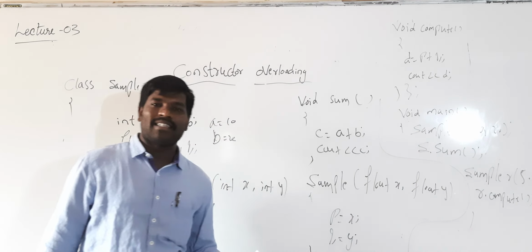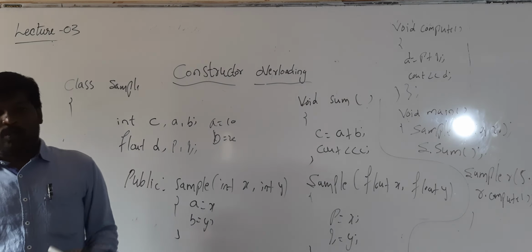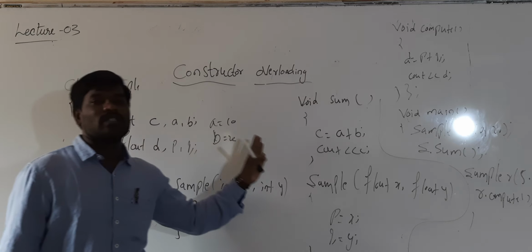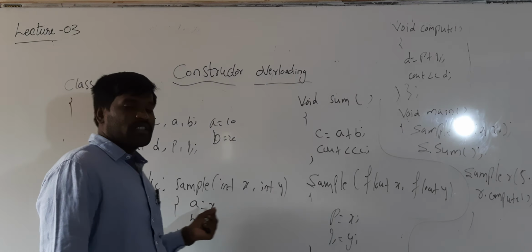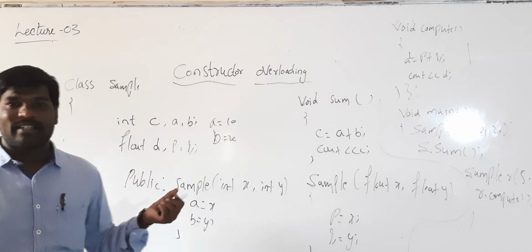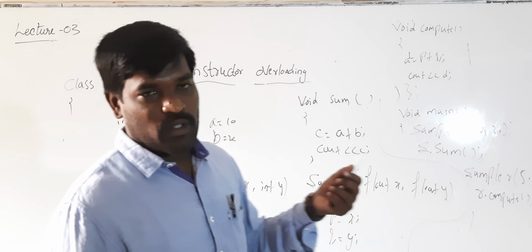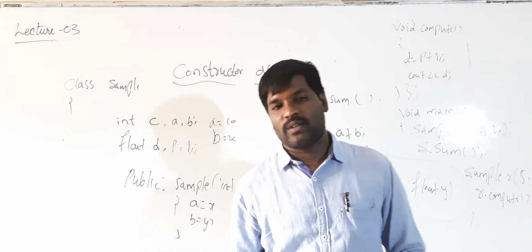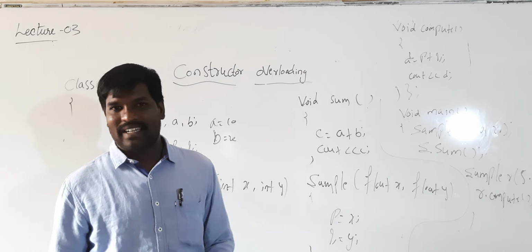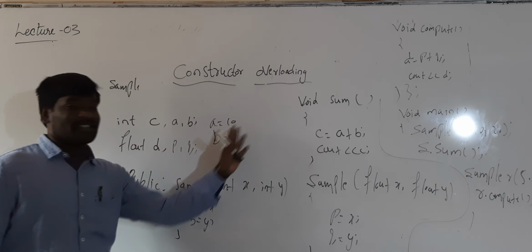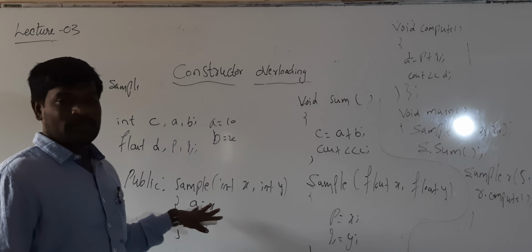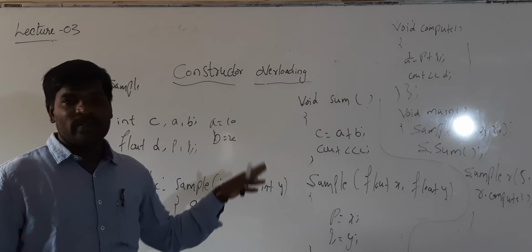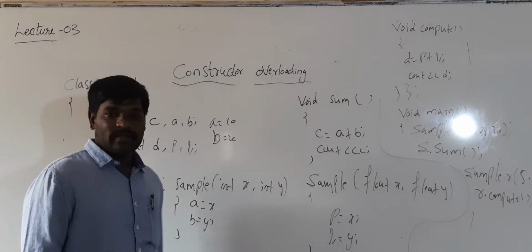So how to write the constructor overloading program. Almost it is similar to function overloading. In function overloading, you have to mention the return type, that is void sum(int a, b), void sum(float x, float b), like that. But here there is no return type. See here, only the class name with the variables in brackets.